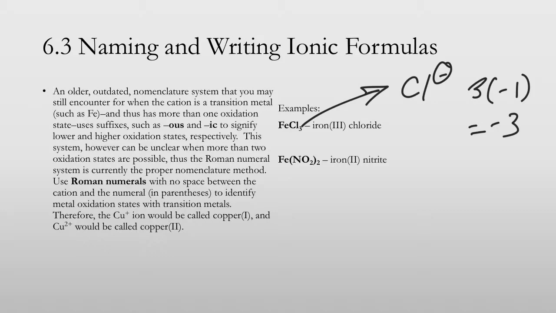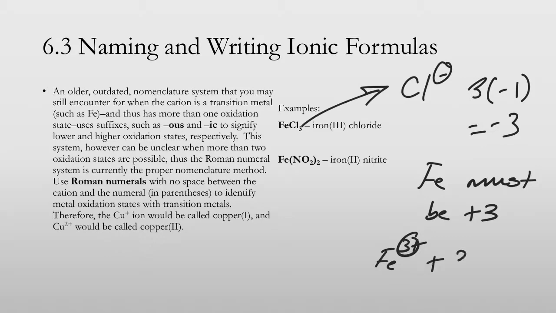Every species, every compound ever has a net 0 charge. So that means the iron must be a +3. So it's going to be Fe3+ plus 3 Cl minuses, giving us FeCl3, and the name of it is iron 3 chloride.